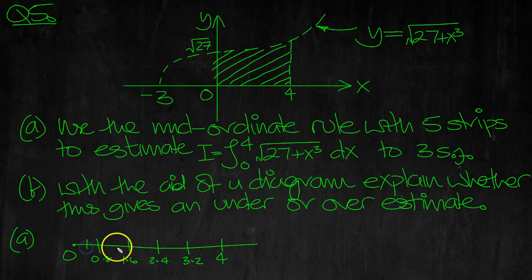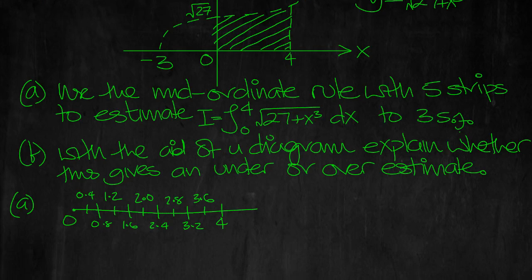So the mid-ordinate values are here, aren't they? In the middle of each strip. This would be 0.4, this would be 1.2, this is 2.0, this is 2.8, and this is 3.6. So there are the mid-ordinate values.